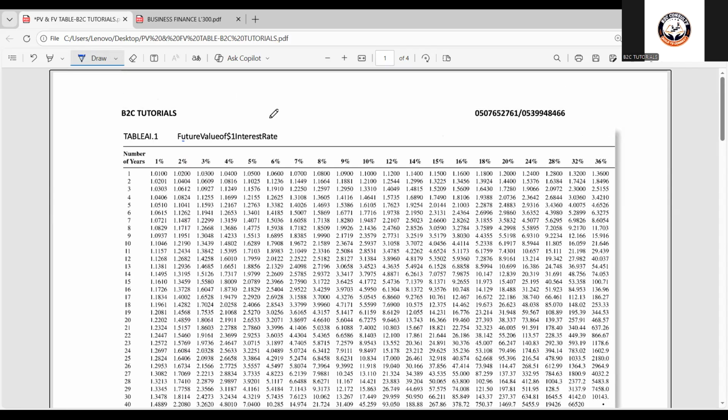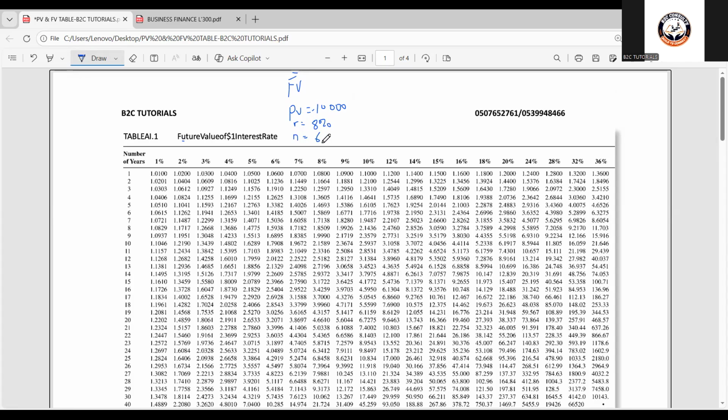So assuming a question tells you to find future value, and it has given you a present value of, say, 10,000, a rate of, say, 8%, and a number of years of, say, 6 years.